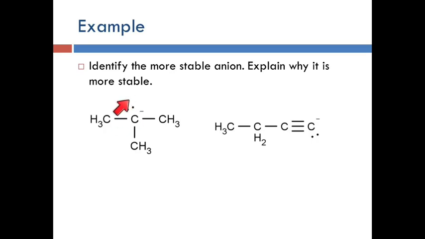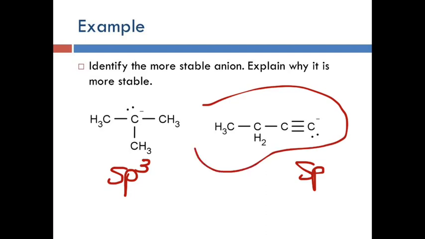Probably a hydrogen. So this is sp3. That carbon is sp3. And what's this guy over here? He's sp. Which one's more acidic? I'm sorry, more stable. This guy. Why? sp orbital, shorter. Electrons closer to the nucleus, more stable.